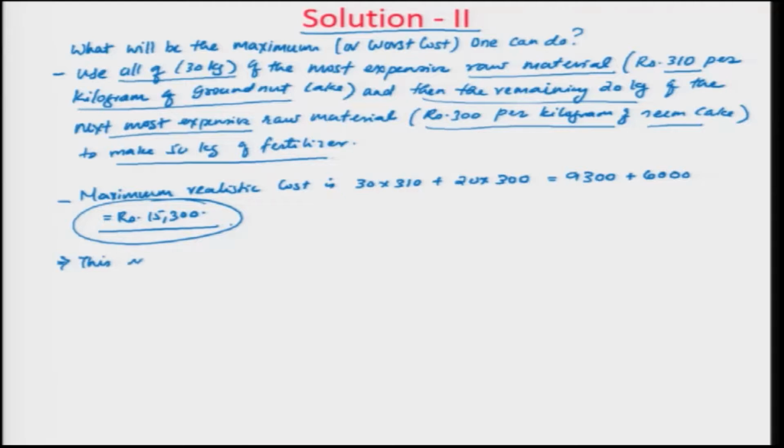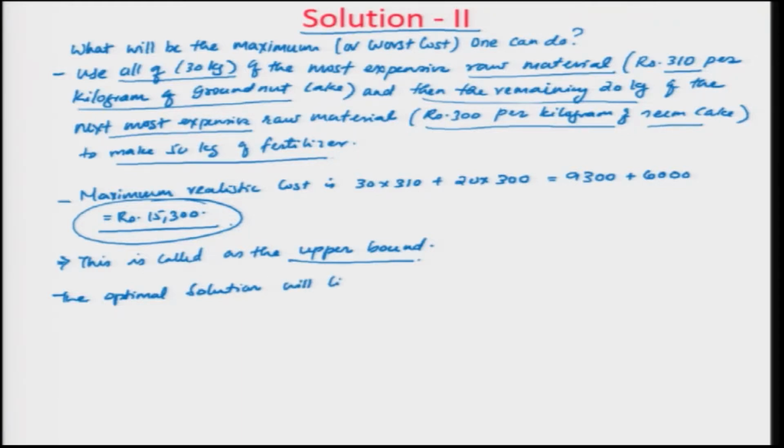This is called the upper bound. So, ideally speaking, the optimal solution will lie between the lower bound and the upper bound.